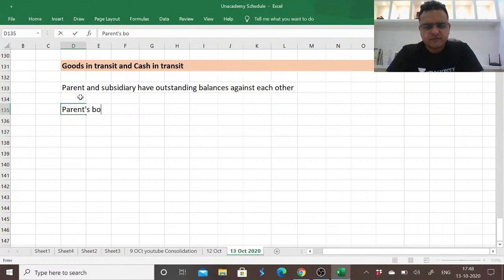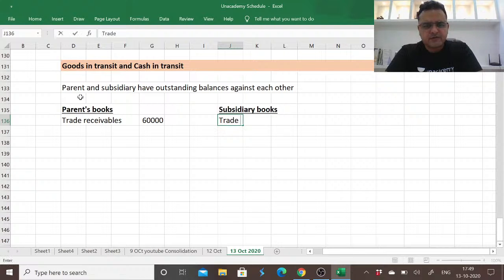In the parent's books, trade receivables are 60,000; in the subsidiary's books, trade payables are $50,000.